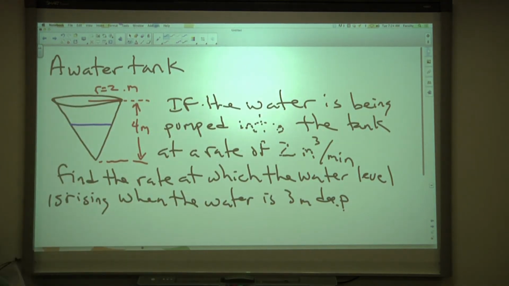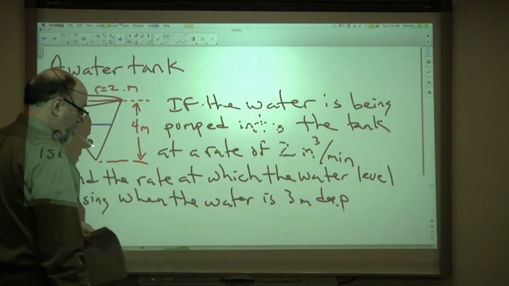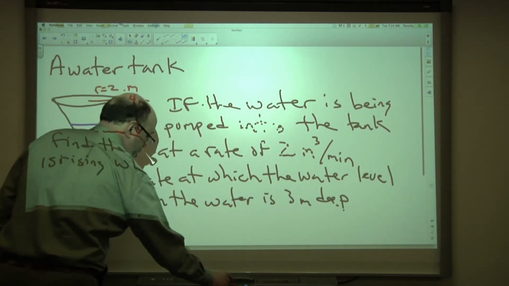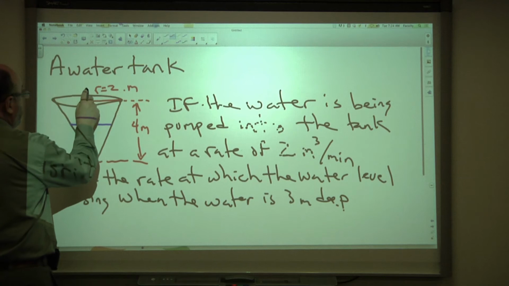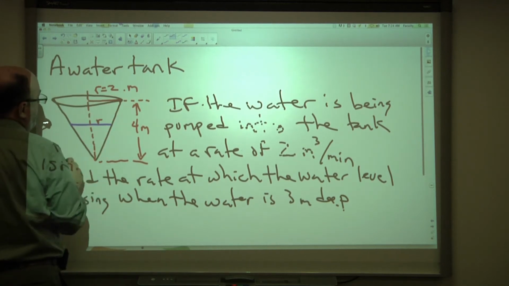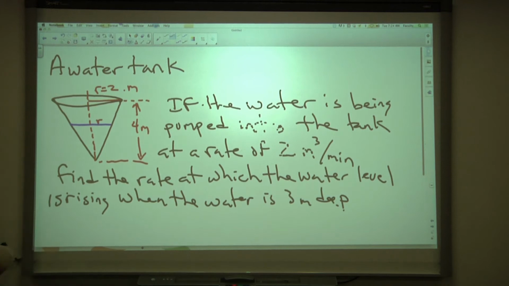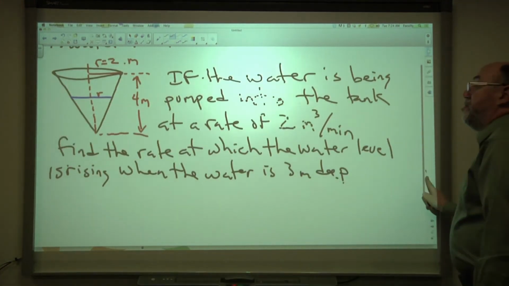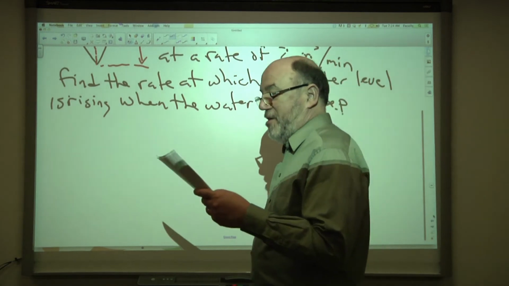So we got our tank. So again, here's my middle here. So this would also be r for that level of water. And we want to find how fast the water is coming in. Right? So let's look in terms of our equations for this.